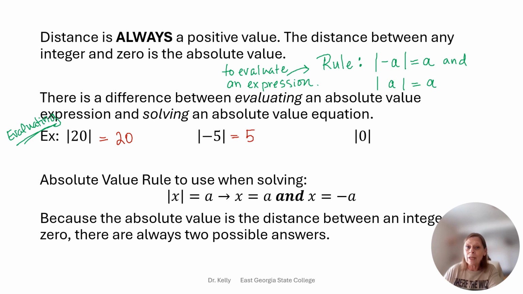And here, the absolute value of 0 is 0, but I put this one on here to note that 0 can neither be positive or negative. It is, in fact, neutral.